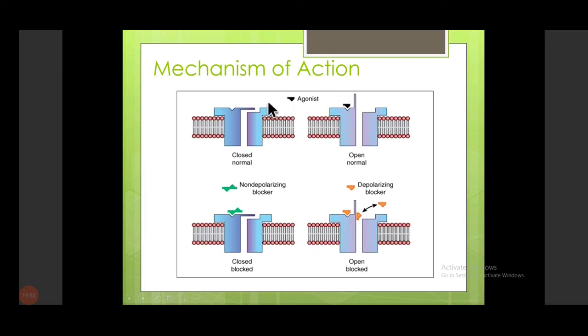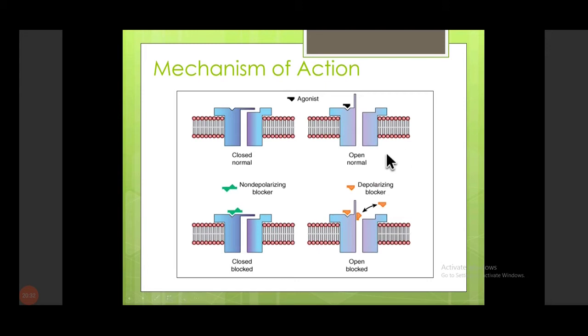We can see in the diagram that whenever an agonist binds to the receptor site, in this case the agonist is acetylcholine and the receptor site is the NM receptor, it facilitates the opening of the channel, so that to a certain extent sodium would move from the outside of the cell to the inside.